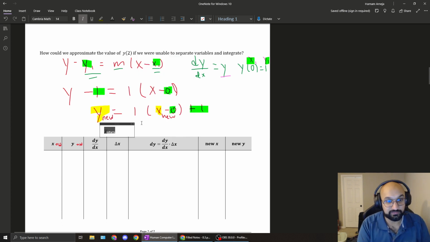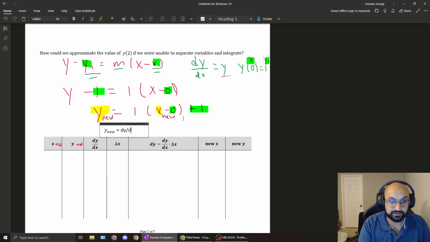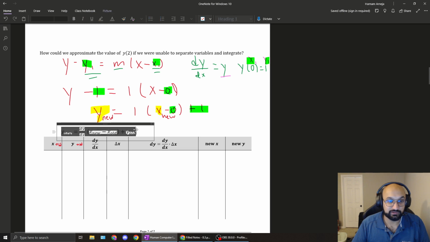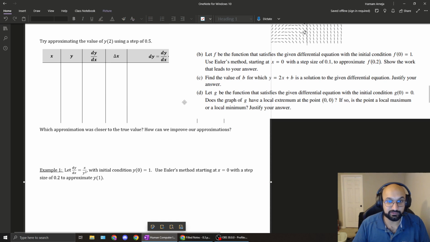We'll do y sub new equals m, being the derivative, which is really represented by dy/dx. So dy/dx is m, and then it'd be x new minus x old, and then plus y old. And if we do another step of simplification, we can really make this look a lot nicer. We'll do the exact same equation, but we'll do one last step to it.